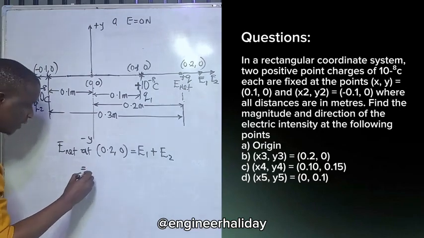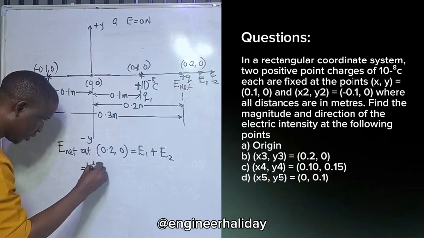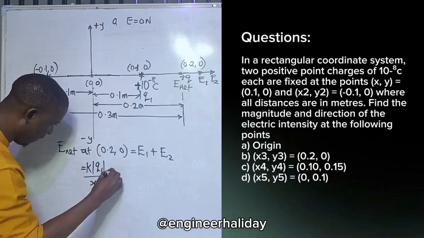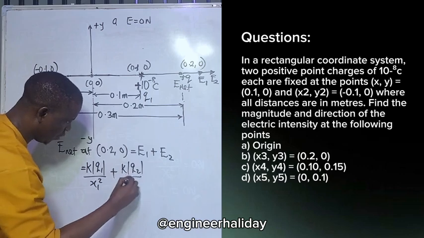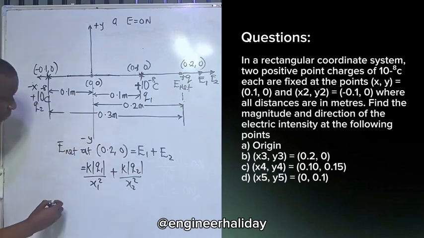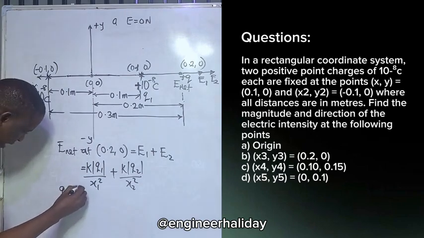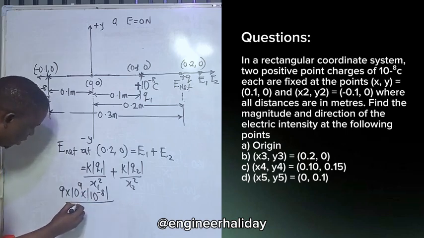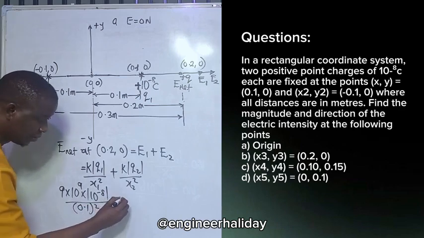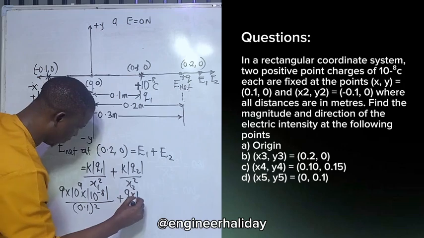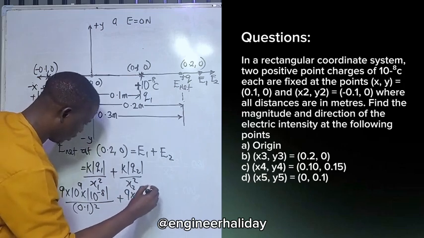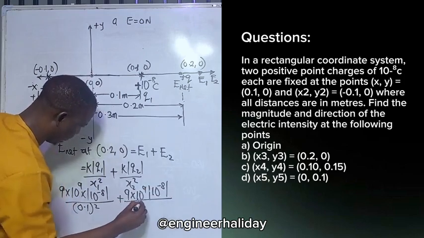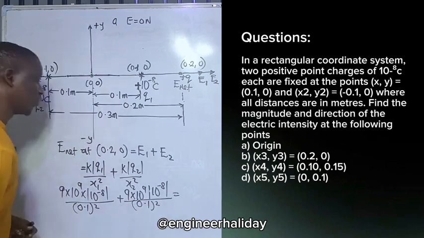So in that case, that is kQ1 over S1 squared plus kQ2 over S2 squared. Let's simplify this one now. 9 times 10 to the power 9 times 10 to the power minus 8 divided by 0.1 squared, plus 9 times 10 to the power 9 times Q2, which is 10 to the power minus 8, divided by 0.1 squared, is equal to what?